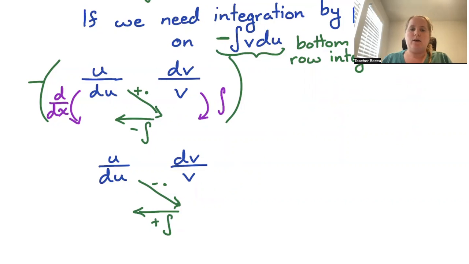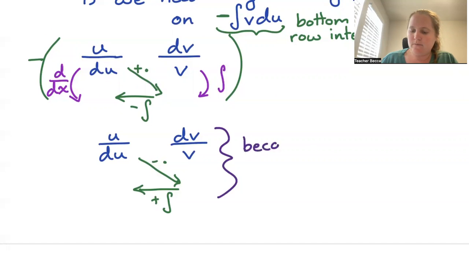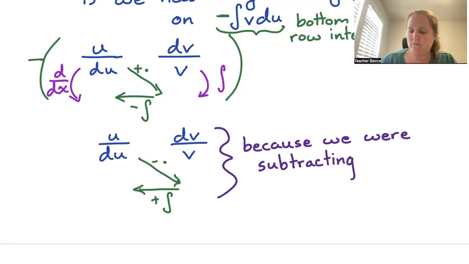I'm going to give myself a little more space just to show this next row and what the signs wind up looking like. Again, because we were subtracting the integral of v du, those signs are now backwards from what they were.